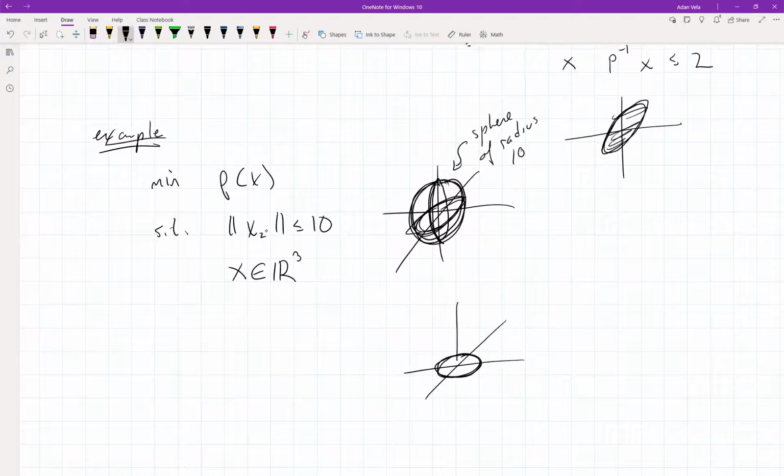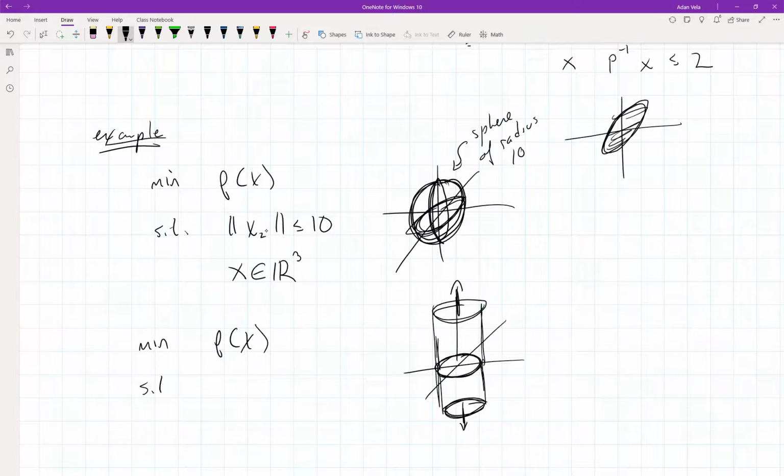So x1 and x2 have to be within a circle, but x3, again, we don't care about, as long as x1 and x2 are within this cylinder. We could do this with this down selection process if we pick the right A value.